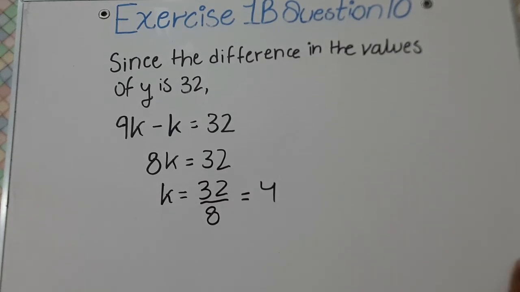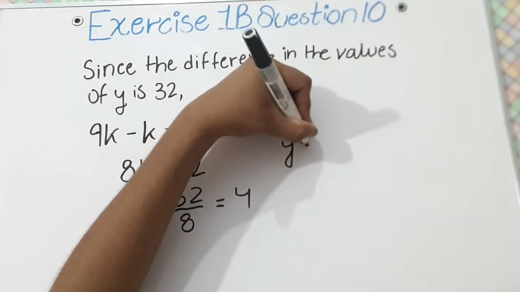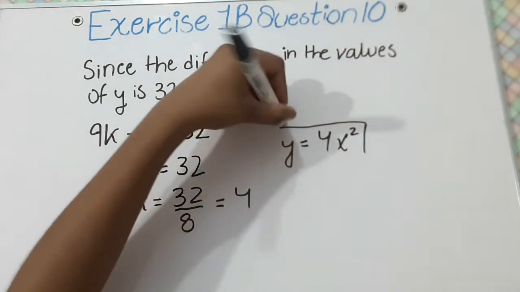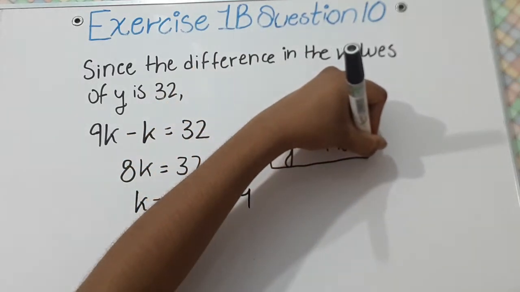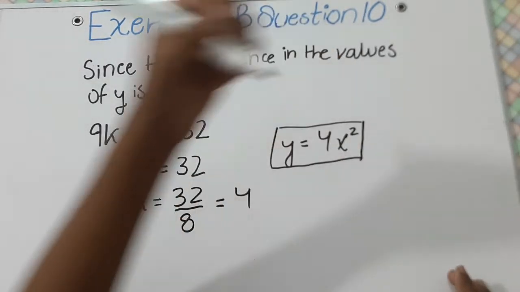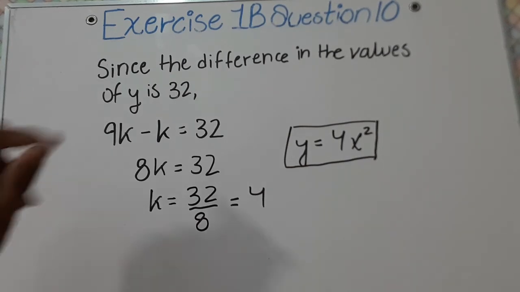And the formula that we landed on after three different steps would be y equals 4, the value of k, x square. So this would be the formula. First they asked us to find the values of y when x was 1 and x was 3. After finding those values, they asked us to find the difference of 32.